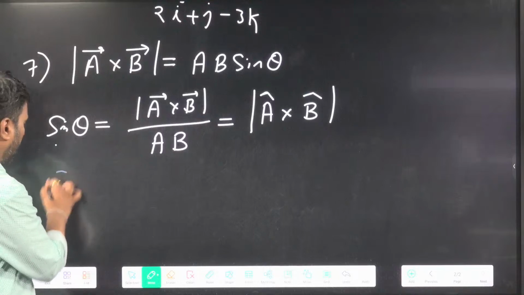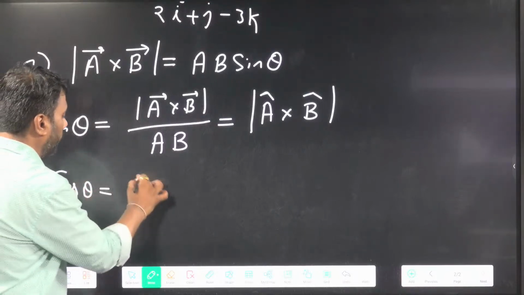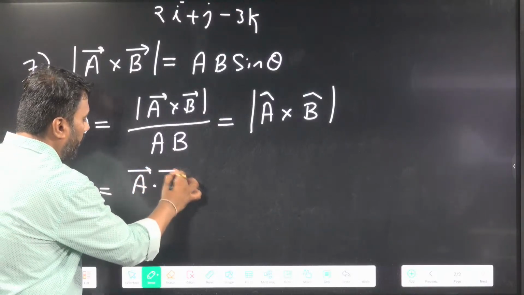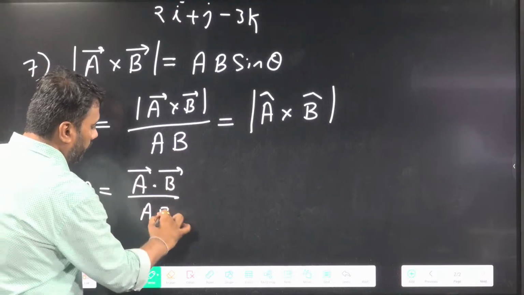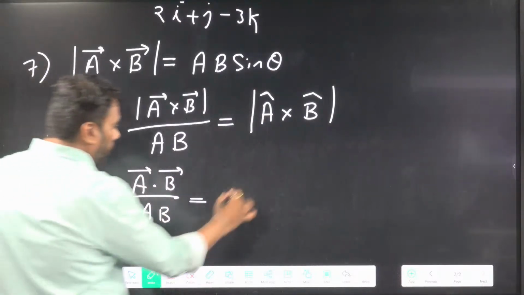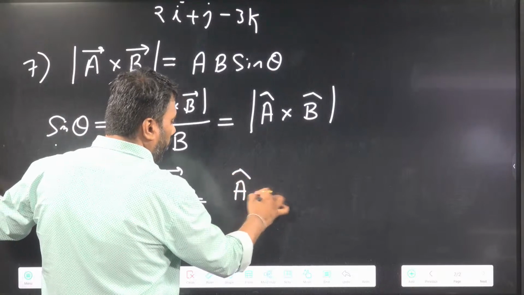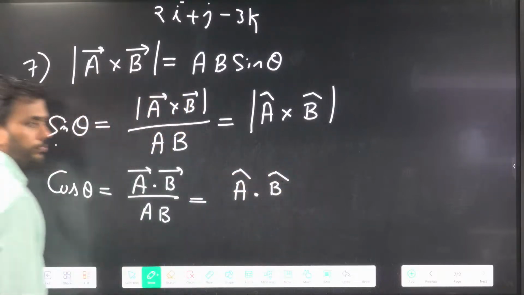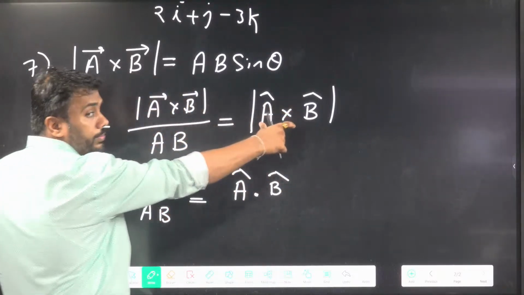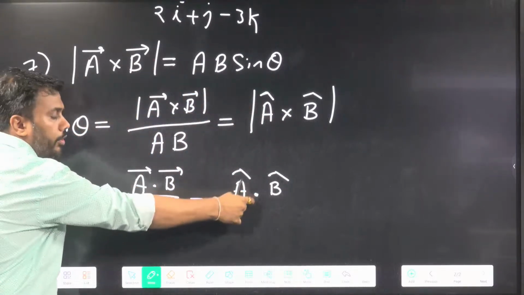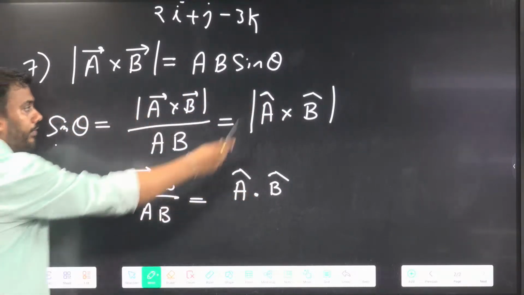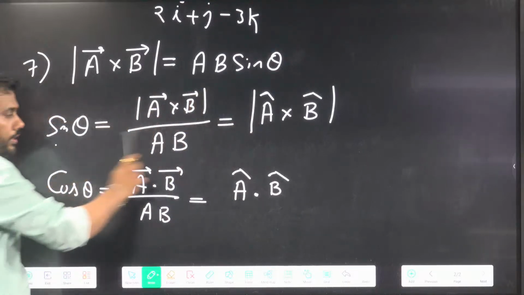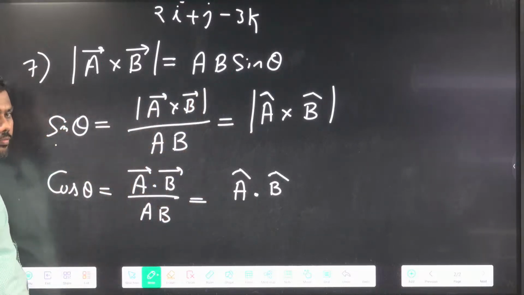And remember, cos theta was A vector dot B vector upon AB. So we can write cos theta is A cap dot B cap. So mod of A cap cross B cap is sine theta. A cap dot B cap is cos theta. If you take cross, you get sine theta. If you take dot, you get cos theta.